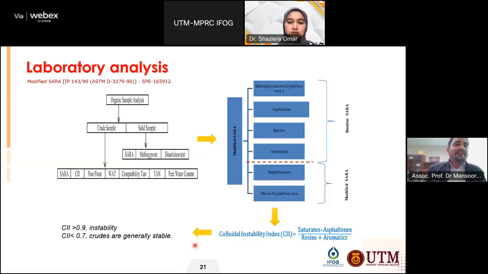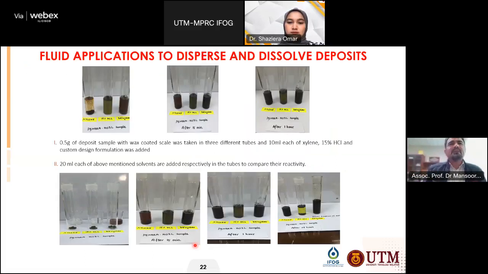And if it's less than 0.5, it shows that the crude is generally in a stable state. Okay, so this kind of analysis also will be conducted in the laboratory in order to come up with the final formulation to treat the well.